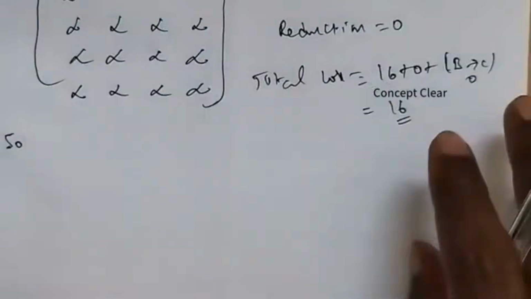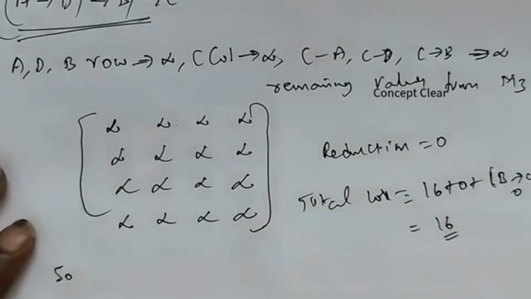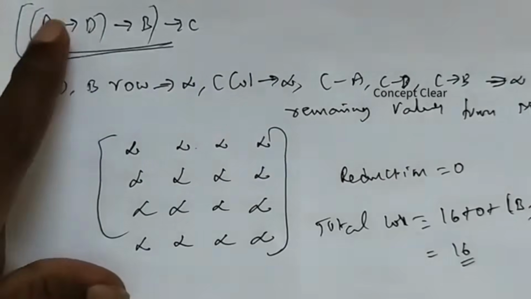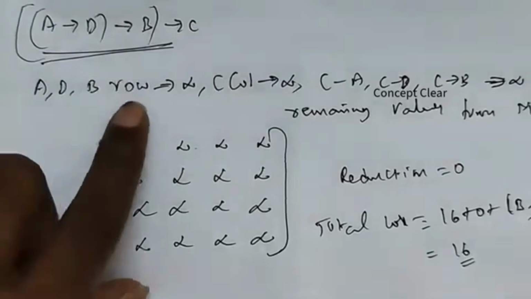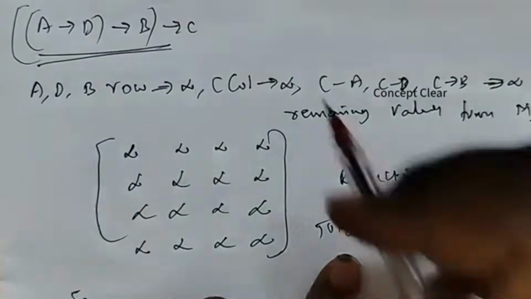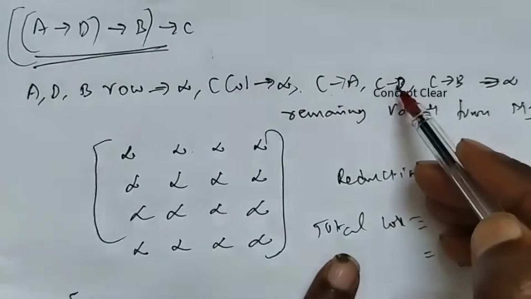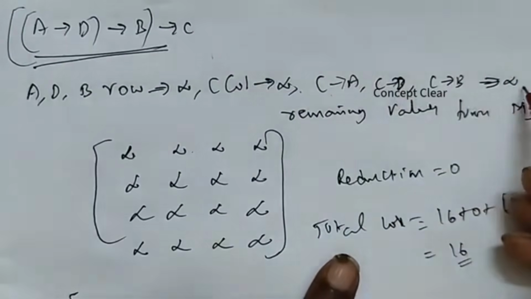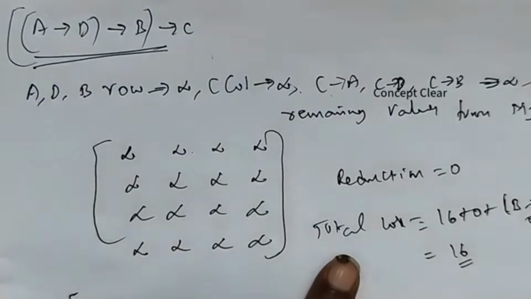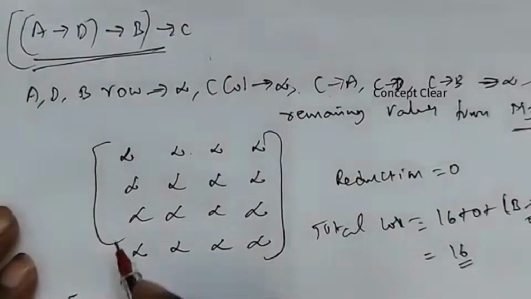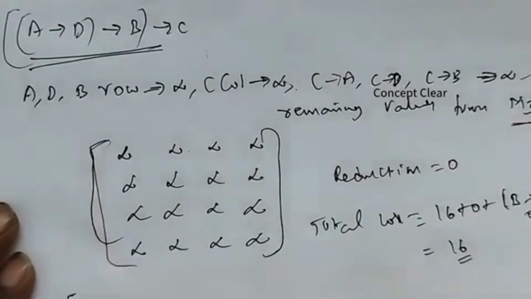This one means we have to take the values A, D, B. These three rows are infinity, and the C column is infinity, and the C to A path, C to D path, C to B path values are infinity. The remaining values are from the M3 matrix. According to these conditions, if you write, we will get the values. The matrix values are all infinities.